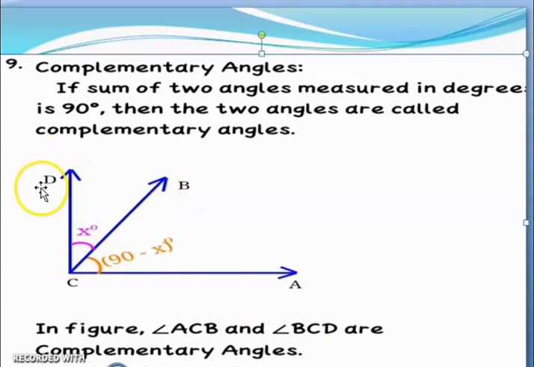That is, angle DCA is 90 and BCA is 90 minus x. That is, the measure of two angles should be 90 degrees. That is, this measure and this measure should be equal to 90 degrees, or we can say angle ACB plus angle BCD is equal to 90 degrees. When the measure of two angles is equal to 90 degrees, these angles are complementary.